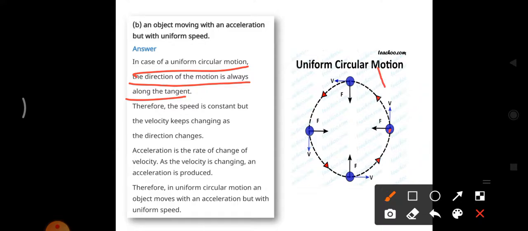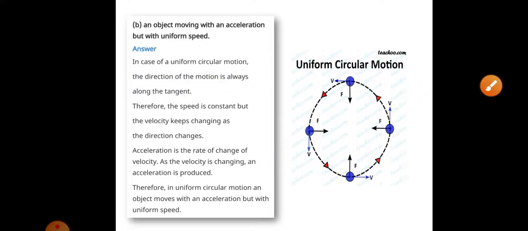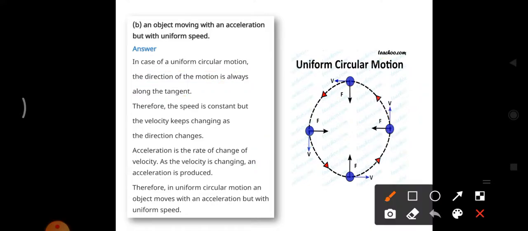You have to draw the tangent line. This tangent line represents the direction of the object. Maybe the object is here, then you have to draw the line like this. So this is the direction of the object. So in uniform circular motion, the direction of the motion is always along the tangent.